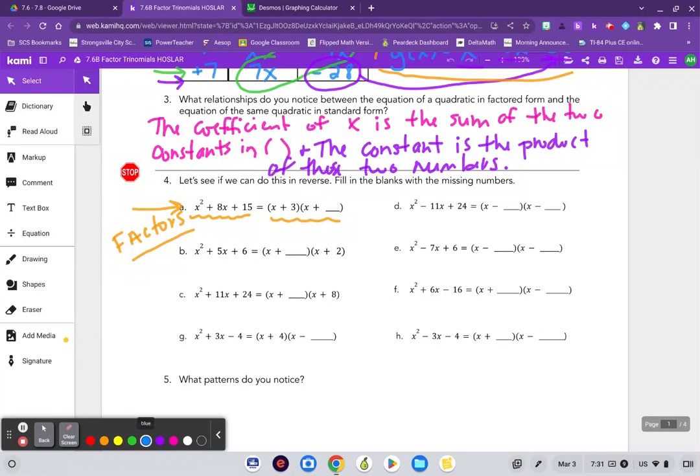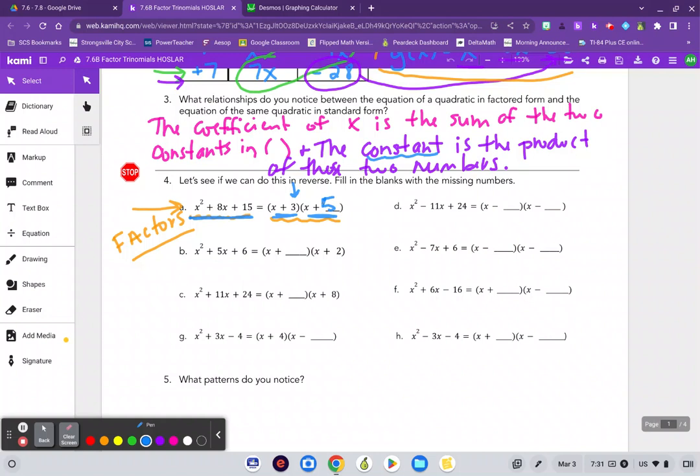All right. I have x plus 3 and x plus something should give me x squared plus 8x plus 15. Well, up above we said that the constant, which is the 15, is the product of two numbers. So here I have 3. Well, if this were 5, then 3 times 5 would give me the 15.